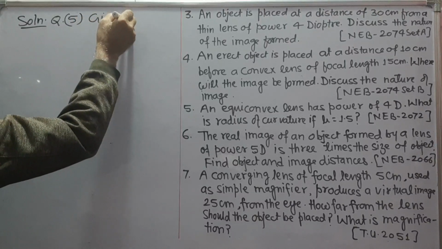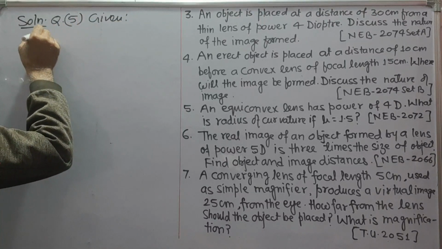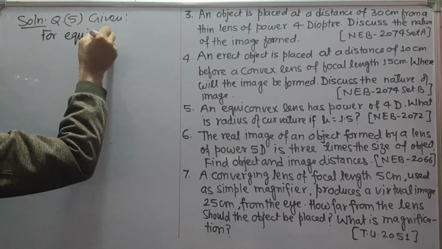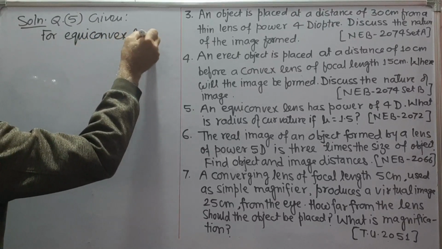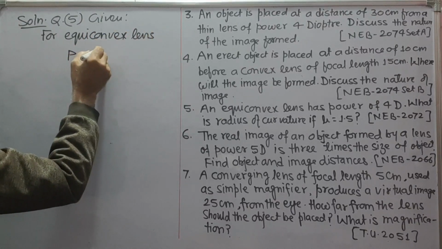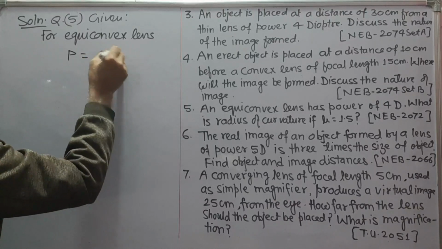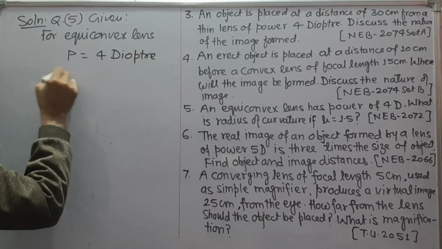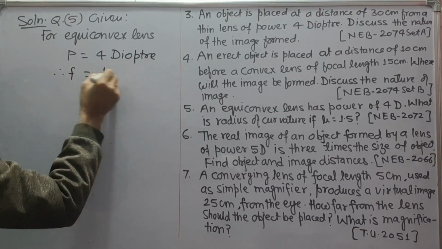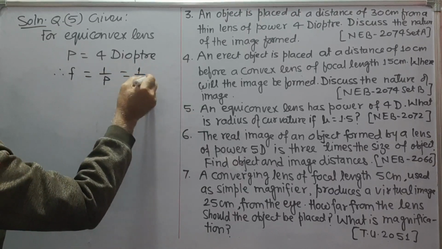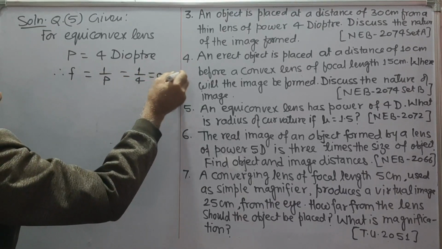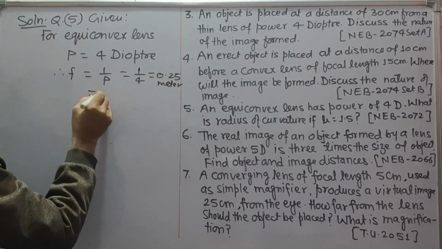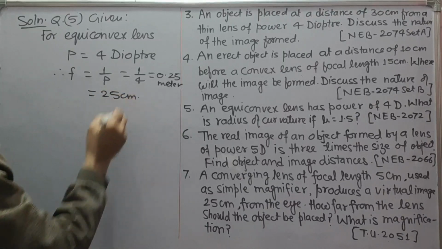Given for equiconvex lens, power is 4 diopter. Therefore, focal length will be equal to 1 upon p, 1 upon 4, 0.25 meter or 25 centimeter.